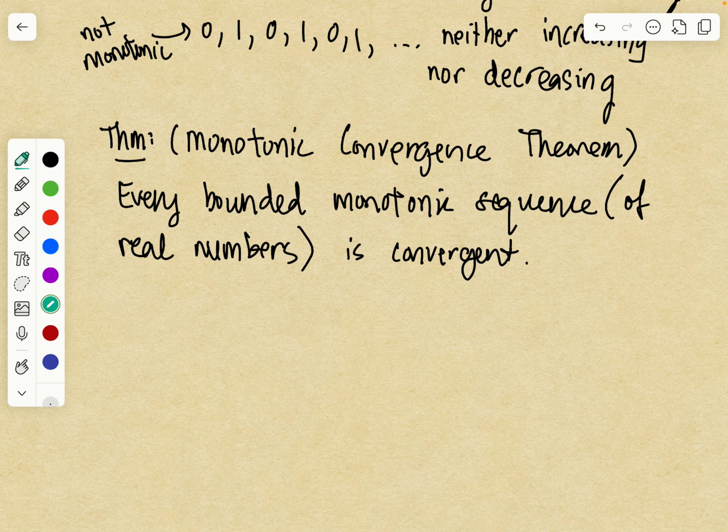So suppose that we just deleted the word monotonic and said every bounded sequence is convergent. Well, that's certainly not true. If you take the sequence 1, -1, 1, -1, going on and on and on, that is a bounded sequence, but it's not convergent. So the monotonic part is an essential hypothesis in the theorem.